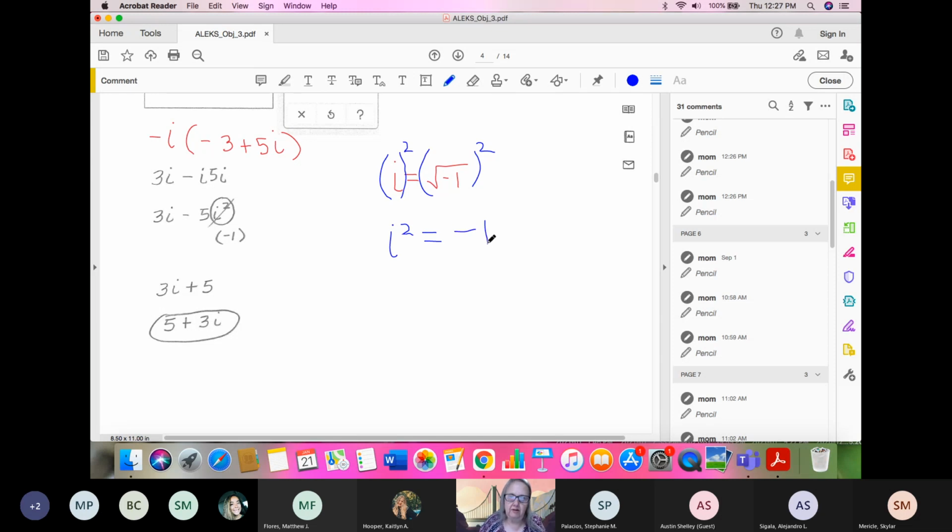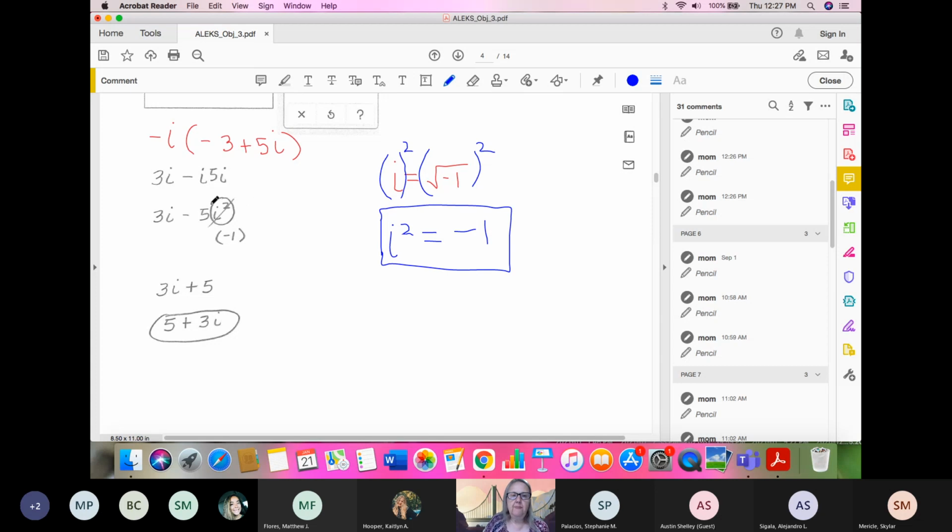And that was our other formula involving i. So this is the definite formula that you want to know, that we looked at the very beginning of class.